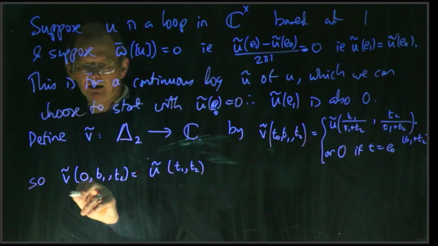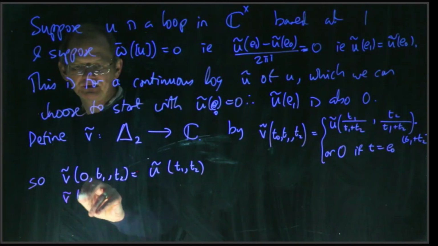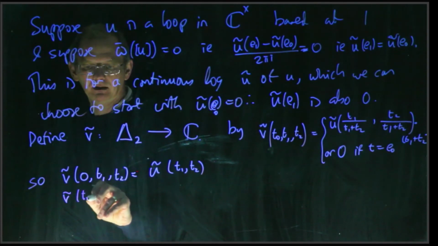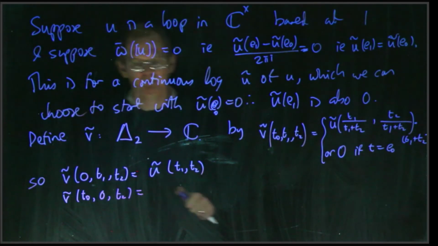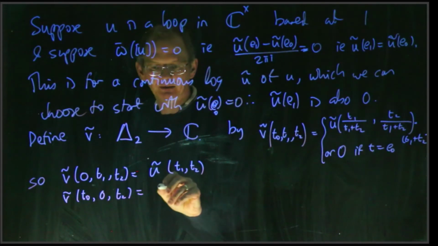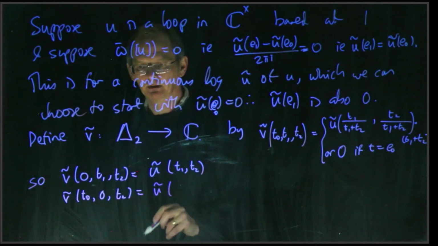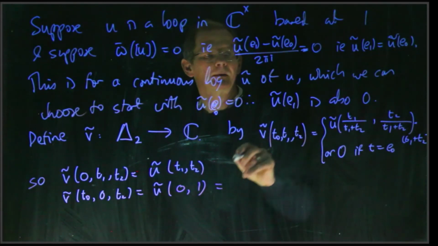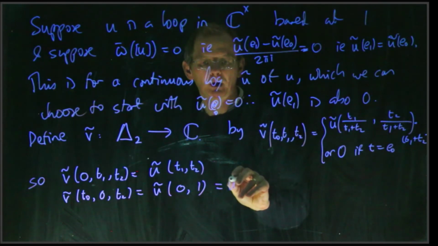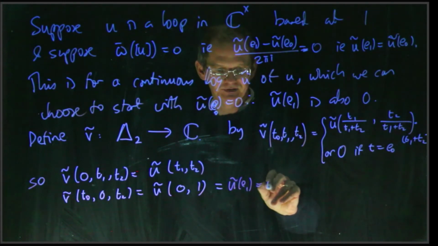Whereas v tilde of (t0, 0, t2), there you've got u tilde of (0, 1), in other words u tilde of e1, which is 0.